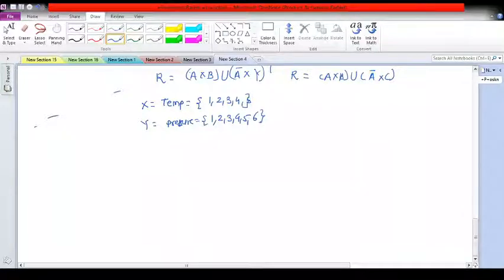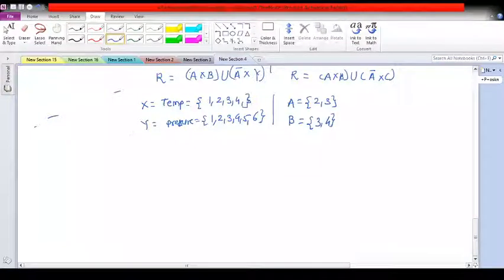Next we have to evaluate two sets. Let A be one set from the universal set X, temperature, so let us say A is 2, 3. I will form another set, B, and suppose it is 3, 4.